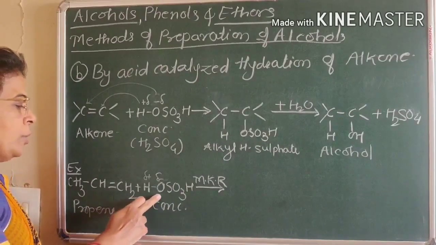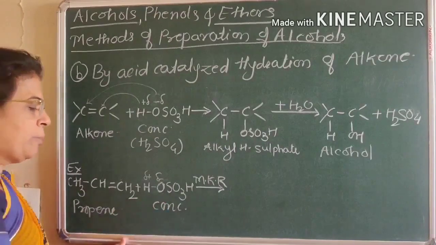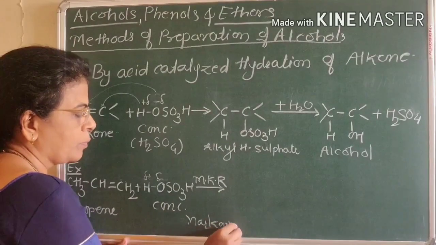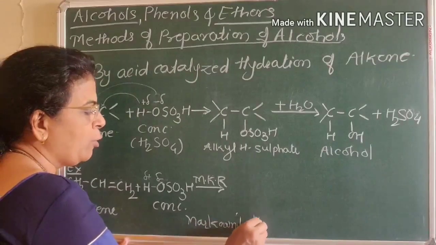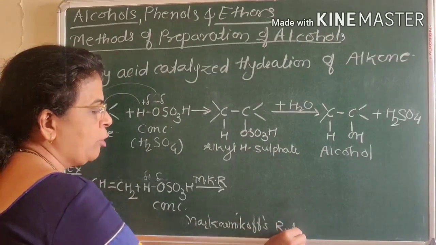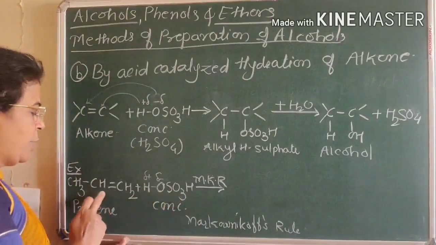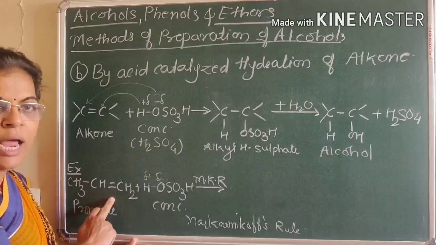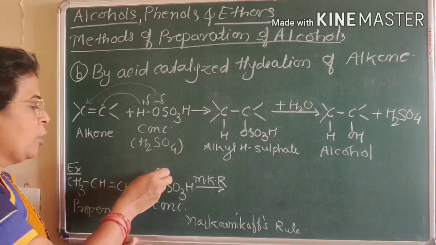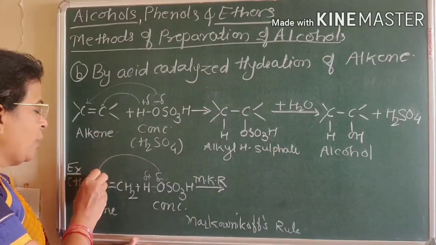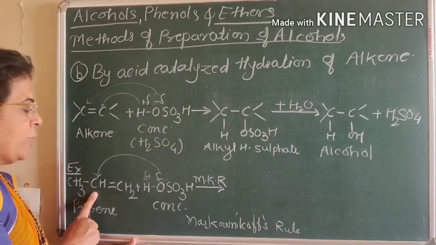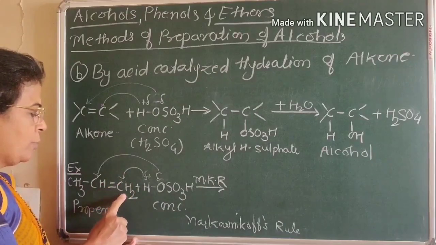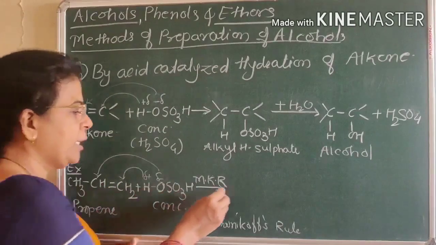Therefore, addition of H2SO4 takes place according to Markovnikov's rule. According to Markovnikov's rule, addition of reagent takes place across the double bond of an unsymmetrical alkene in such a way that the negative part of the reagent goes to that carbon atom of the alkene which has less number of hydrogen atoms, and the hydrogen gets added to the other carbon atom of the double bond.